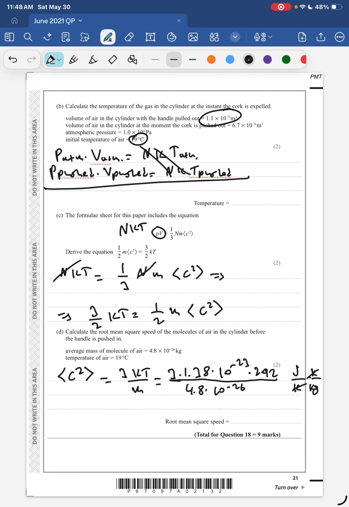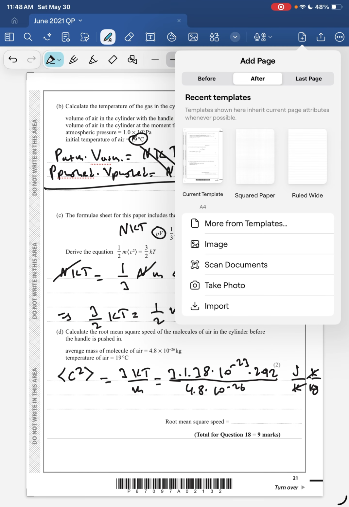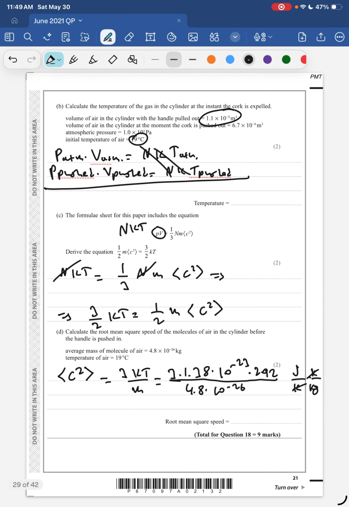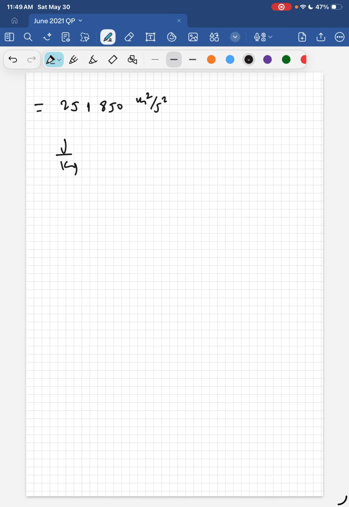Okay, and this I'm going to use a clean page. And this is equal to 251,850 meters squared over second squared. And I'm going to show you now that joules over kilograms works out to be meter squared over second squared, because 1 joule is 1 kilogram times meter squared over second squared, and then over kilograms.